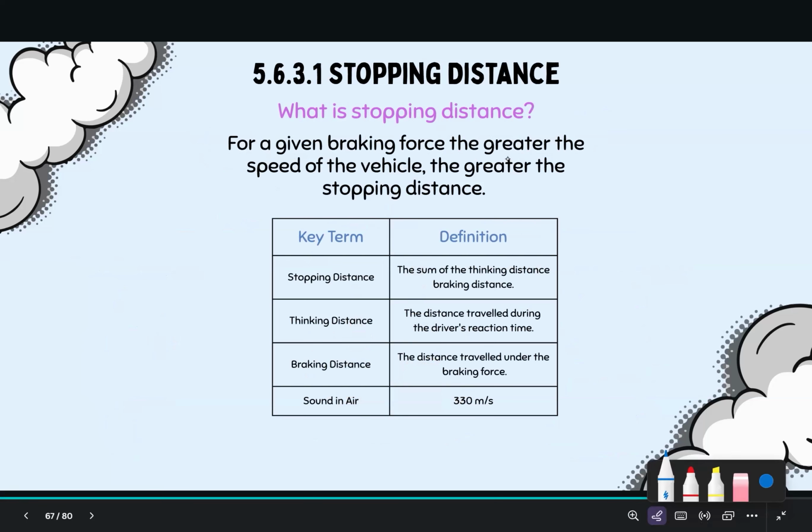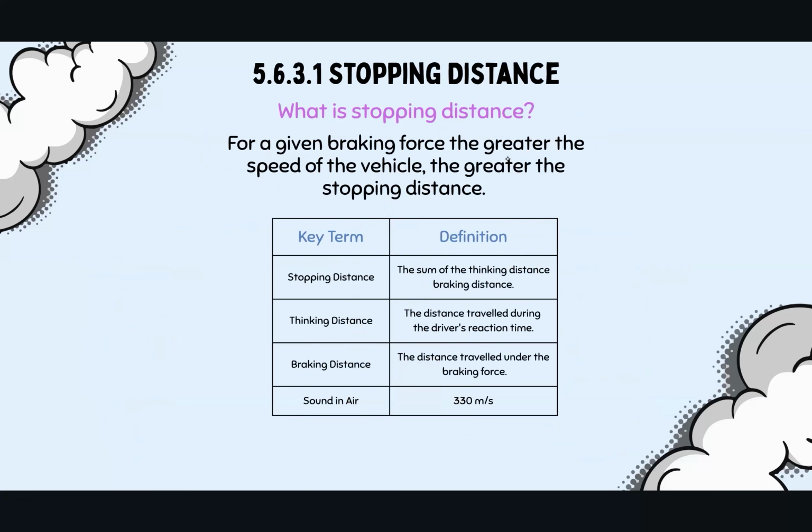So, what is stopping distance? For a given braking force, the greater the speed of the vehicle, the greater the stopping distance. So, the faster a car is going, the longer it's going to take to stop. For example, you're riding a bike, and all of a sudden, a cat jumps in front of you.